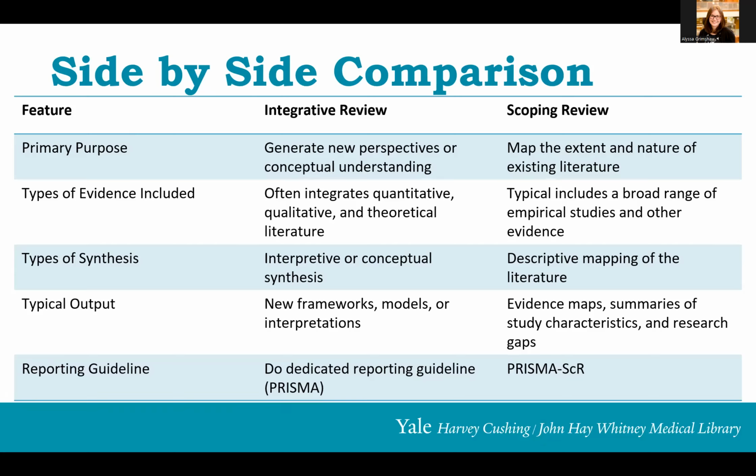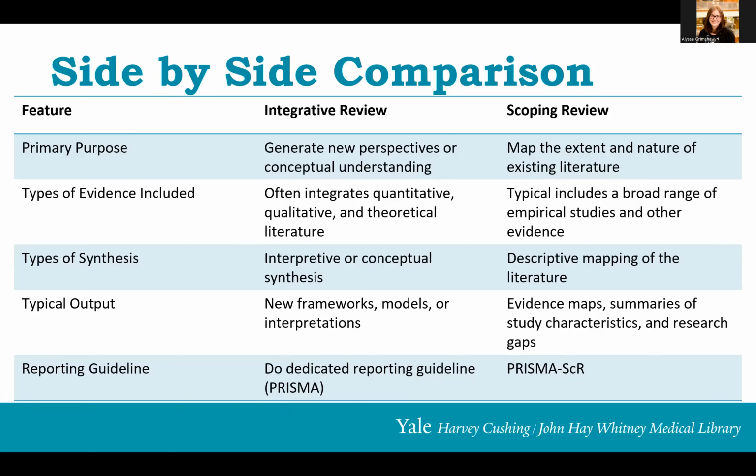Third is the type of synthesis. Integrative reviews often involve interpretive synthesis, where the authors develop new perspectives. Scoping reviews instead provide descriptive overviews of the literature. Finally, the output differs. Integrative reviews may produce models, frameworks, or theoretical insights, while scoping reviews typically produce evidence maps and identify gaps of knowledge.